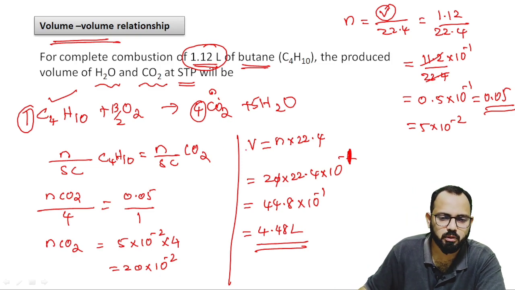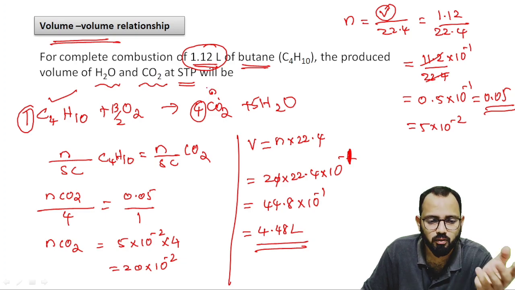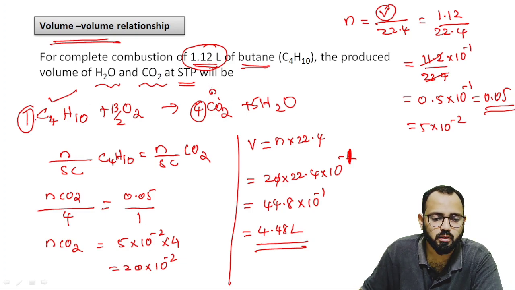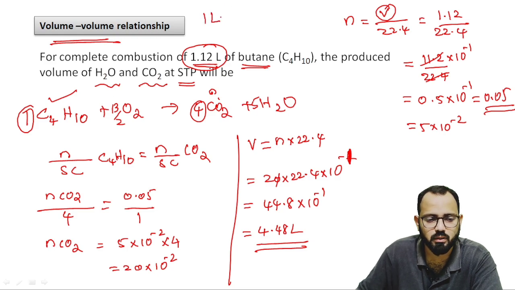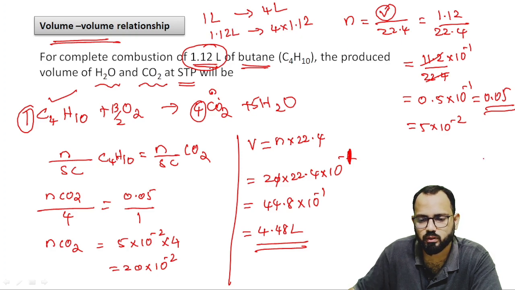This is again simple, because I told you we can equate this with respect to volume directly. If you take the reaction of 1 liter of butane, you are getting 4 liters of carbon dioxide. If you are going to use 1.12 liters, then what are you going to get? 1.12 into 4, that is 4.48 liters.